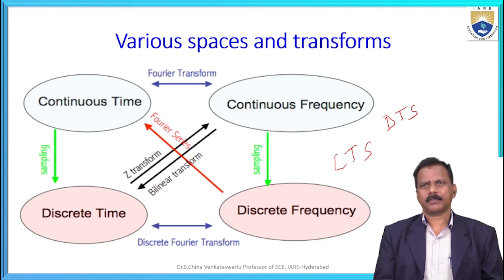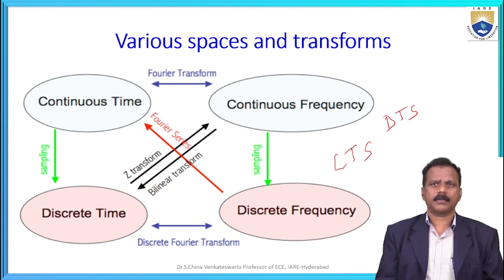Normally, sometimes for continuous frequency to discrete frequency, we have to apply this bilinear transform. Sometimes for continuous frequency to discrete frequency, we require the sampling frequency or sampling concept. Like this is the importance of various spaces and transforms. This is very useful for implementing our DSP, digital signal processing.